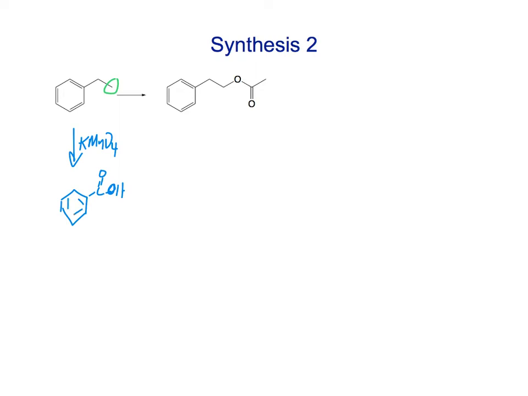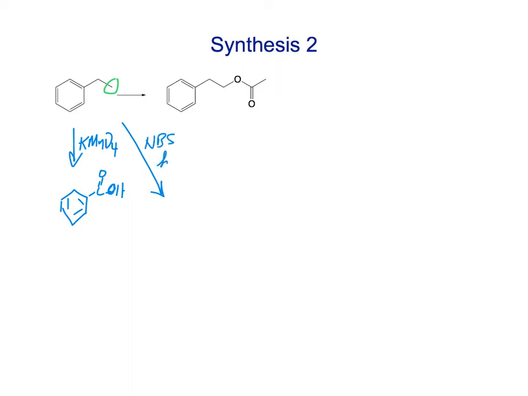That is one way to get a functional group on that side chain, but then we need to be able to add another carbon. So it seems like it's going a little bit backwards because we're losing one of the carbons that we actually need.